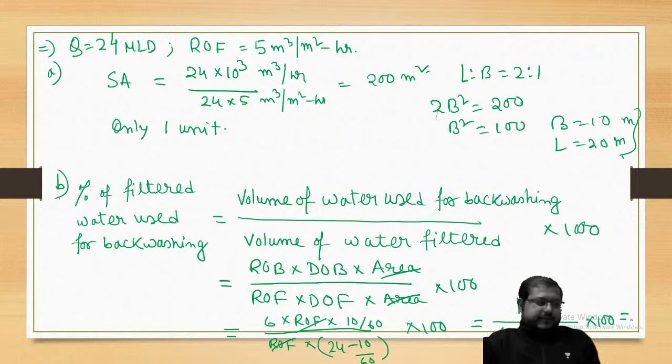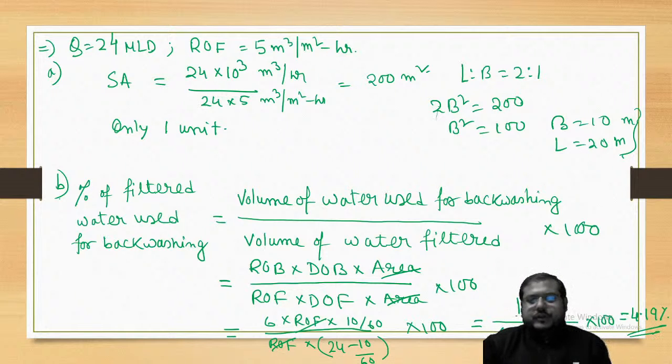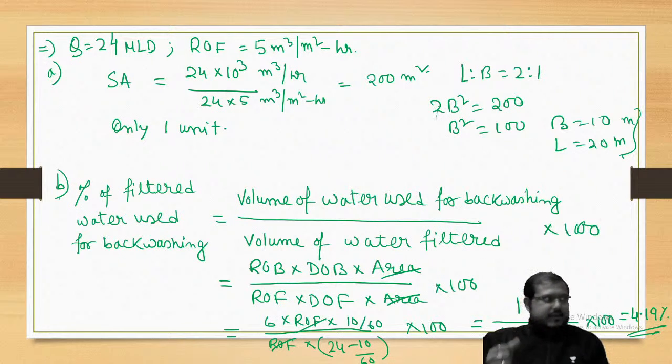The final answer will be 4.19 percentage. Hope you understand. Have a look quickly on the duration of filtration. So 2-3 things are there. You have to be careful about the duration of filtration. You have to be careful about the minimizing of the calculation process. Okay.